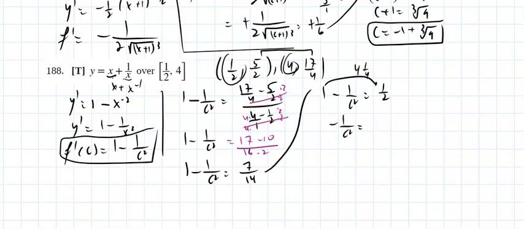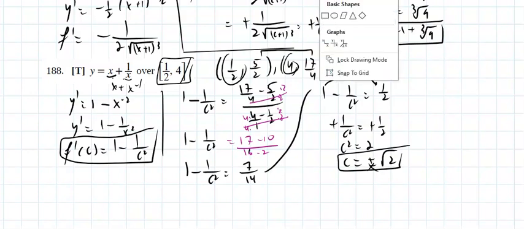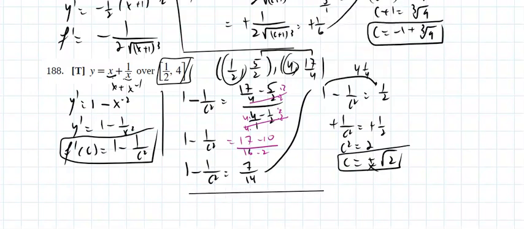Negative 1 over c squared equals 1/2 minus 1, which is negative 1/2. The negatives cancel out. Cross multiply. And c equals plus or minus the square root of 2. But if I'm looking at the interval between 1/2 and 4, I can't have a negative, so c equals just the square root of 2. That's where the slope of the tangent equals the slope of the secant.